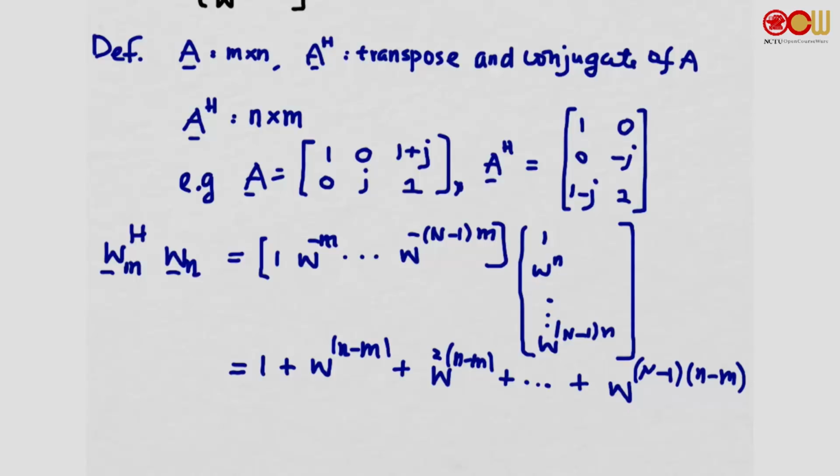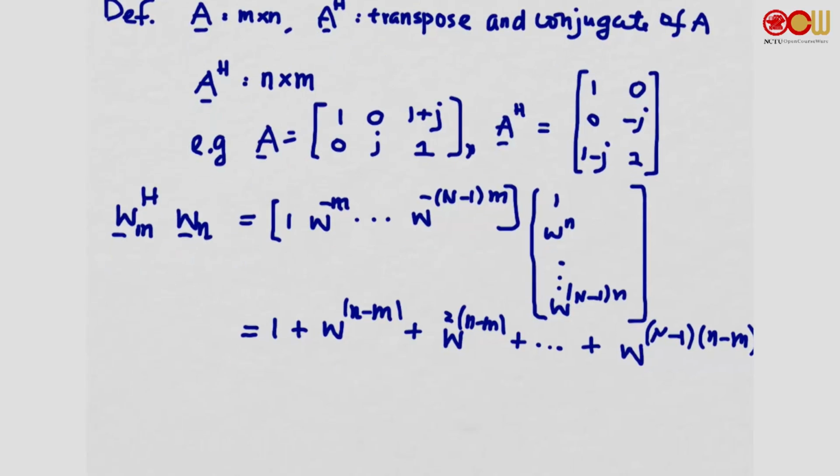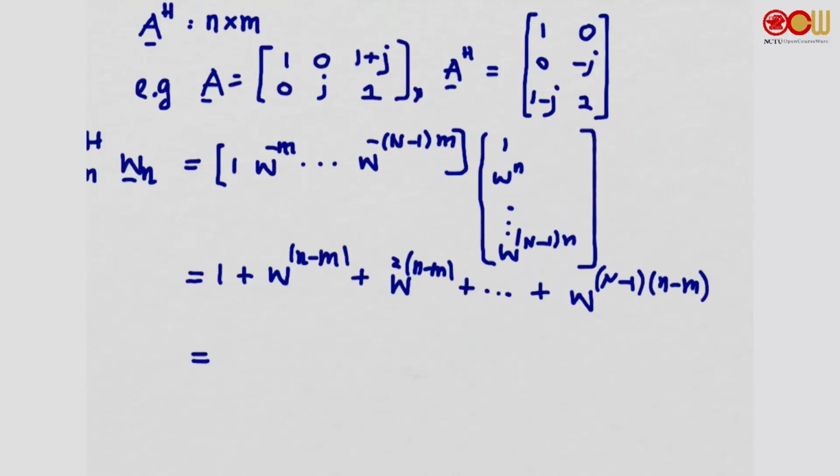What kind of series do we have here? It's a geometric series, isn't it? It's a geometric series with a common ratio W raised to the power of n minus m.